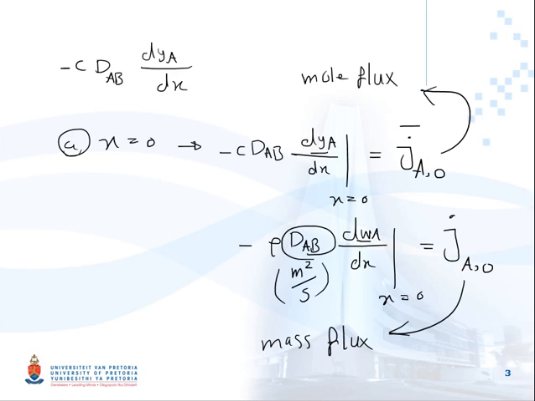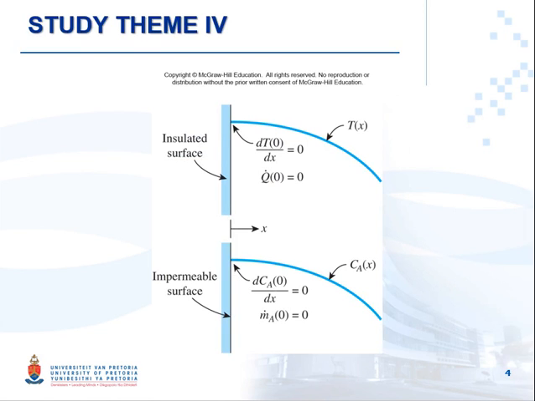How about insulated surfaces boundary condition? Because we talked about a specified temperature boundary condition, we talked about a specified heat flux boundary condition, and now it's time to speak about the insulated boundary condition. As you can see, they are very similar to each other.